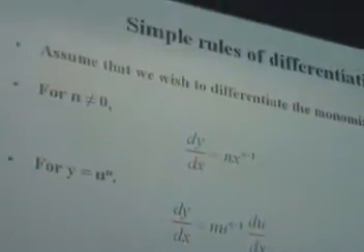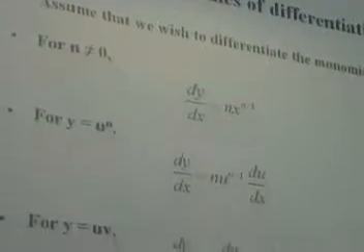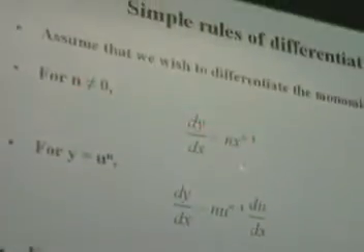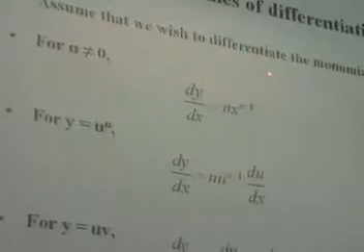All right, simple rules for differentiation. I think these are pretty evident. You've got a calculus book or a math book of some sort somewhere. Let's see, if I remember, a couple of you use Maple, so it's actually literally a no-brainer if you're running Maple, but I think MATLAB can do these things too. So anyway, simple differentiation, providing n is not 0, dy/dx is equal to nx to the n minus 1.